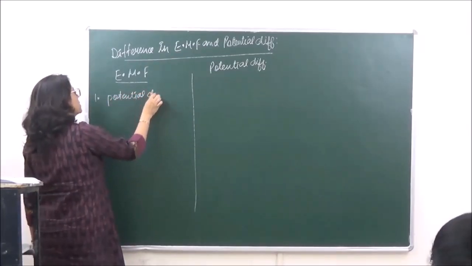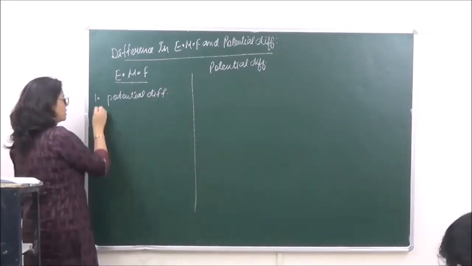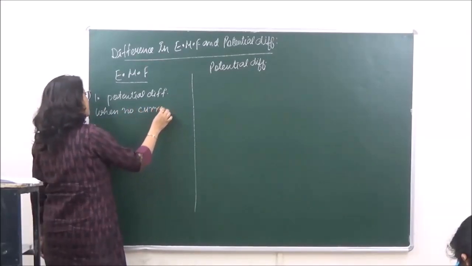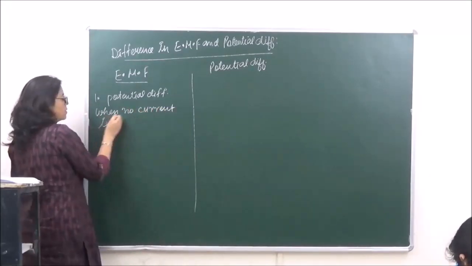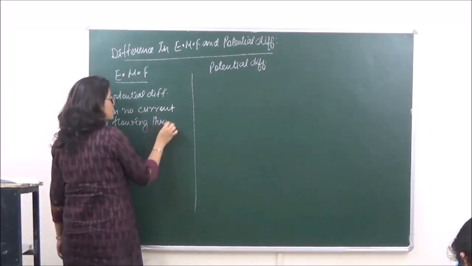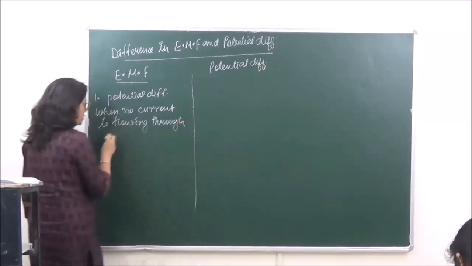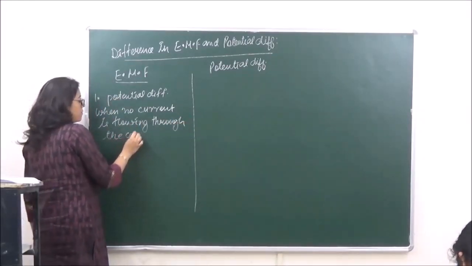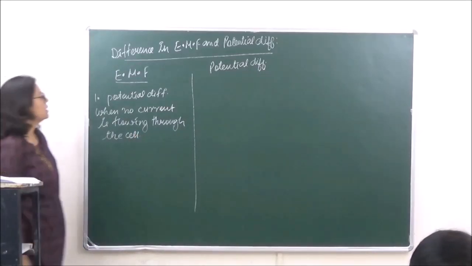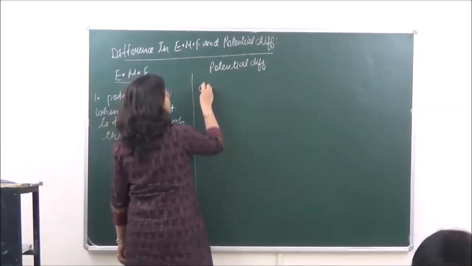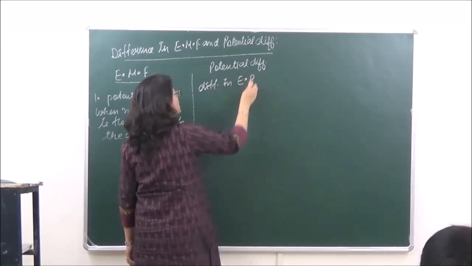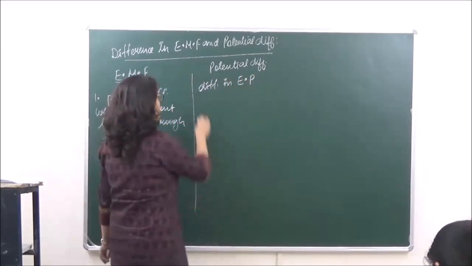Whereas potential difference is the difference in electrode potential when current is flowing through the cell.